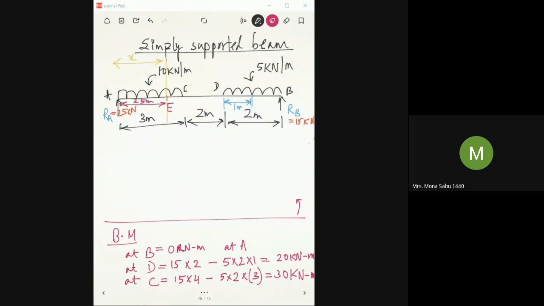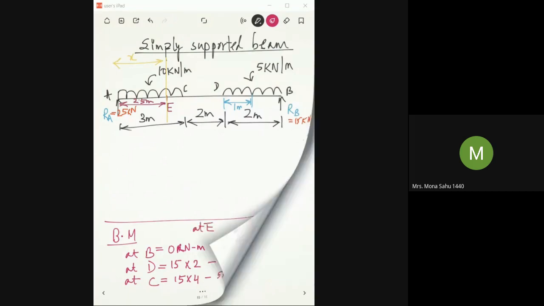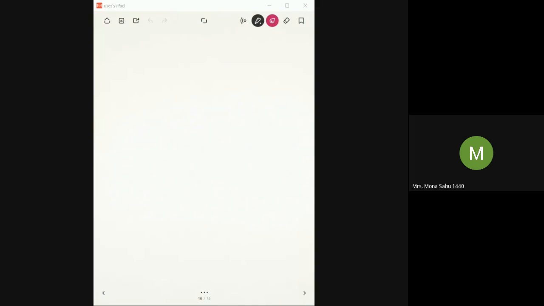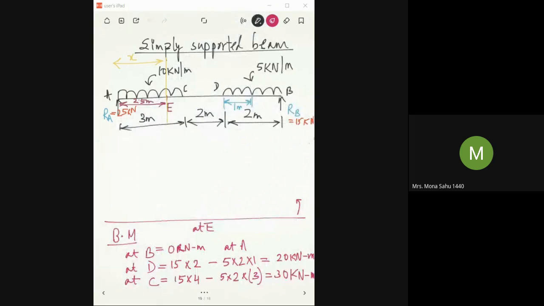And then we also have point E. If this distance is 2.5, this will be 0.5.